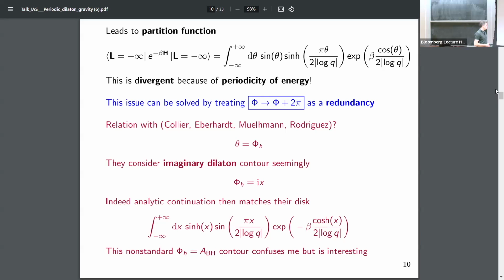As far as I understand, I find this a bit confusing because it's like considering imaginary black hole areas, but it's a nice answer, so it's interesting. I'd like to better understand where it comes from. Sorry, I just had one question. On their result, they're not doing this redundancy identification that you are doing. Yeah, because, like I said, they consider the dilaton on the imaginary axis, so then it's not really a symmetry.